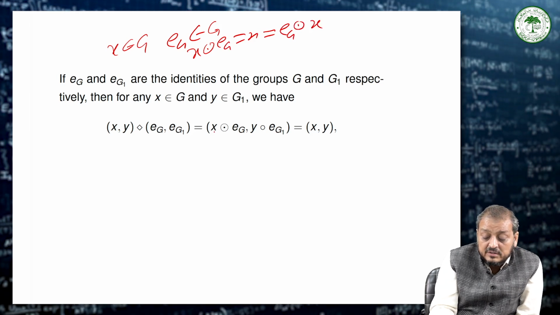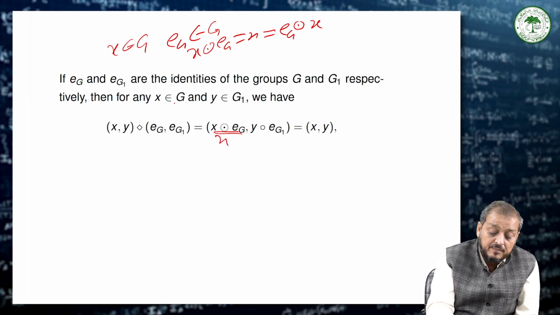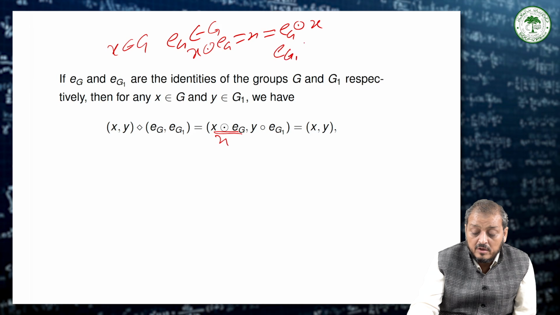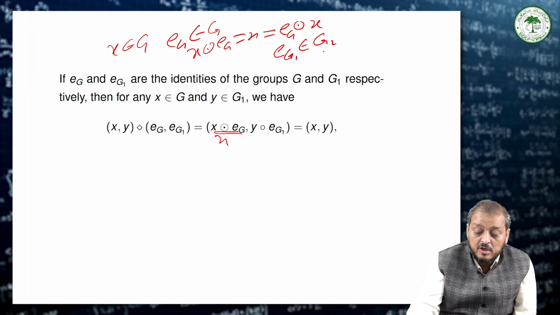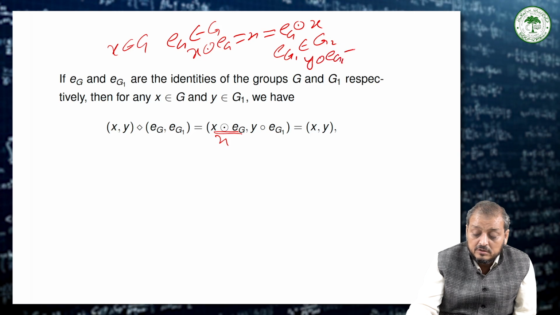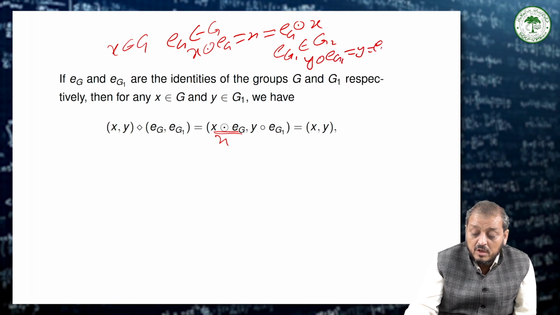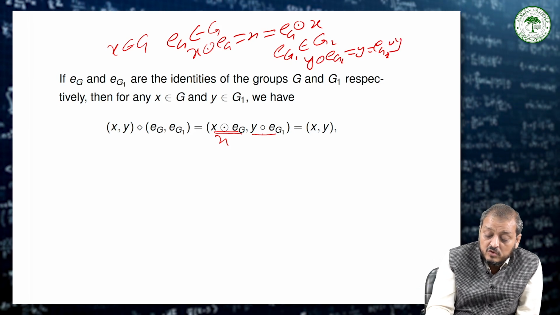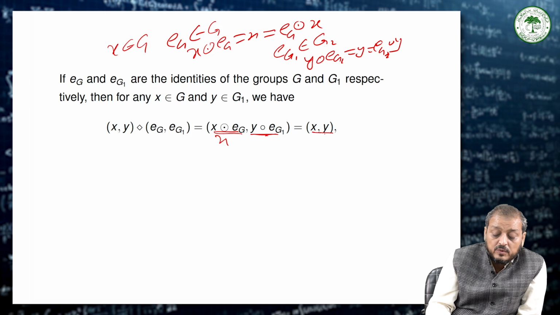So this gives you x. Similarly EG1 is the identity element of G1, so y circle EG1 is equal to y, which is equal to EG1 circle y. So this gives you y. So this can be written as (x, y).